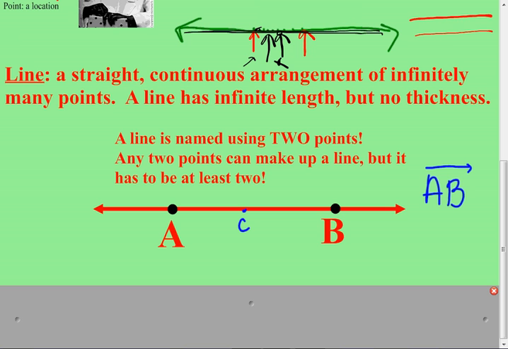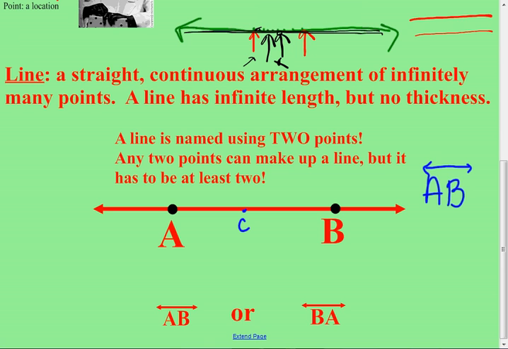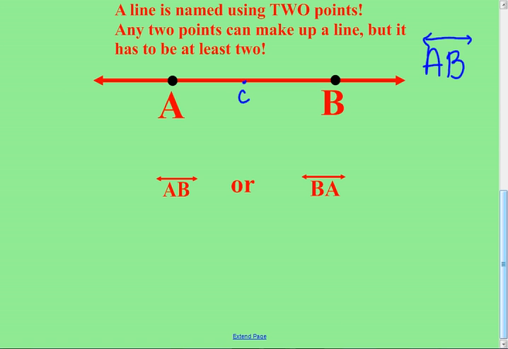We must put in the arrows. Not enough to draw a little line above there without the arrows. You must put in the arrows because that means it goes forever. The order in which you name the points is not important. So if I want to start with B and then go to A, that's fine too.